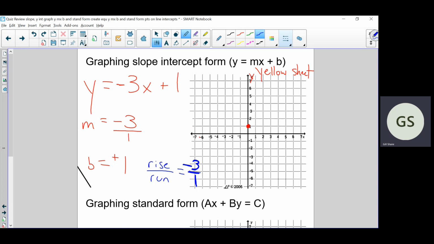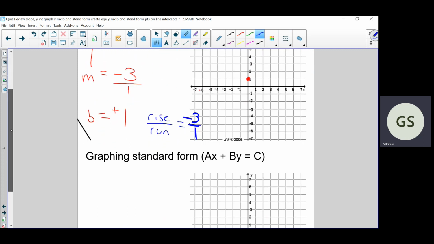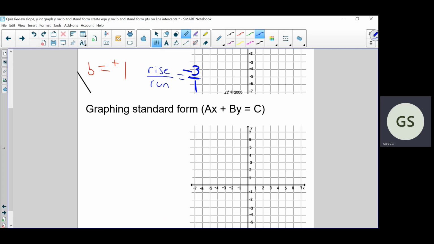If nobody gets this part, and that includes direction and everything, like if you go right instead of left or left instead of right. If nobody messes this part up, and again, there's no math involved in this. If you'll remember, we did this also. A positive run means count right.